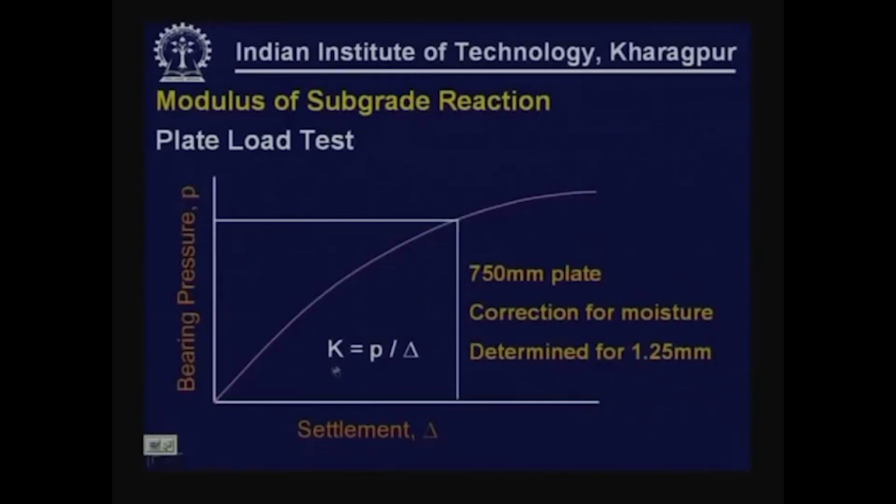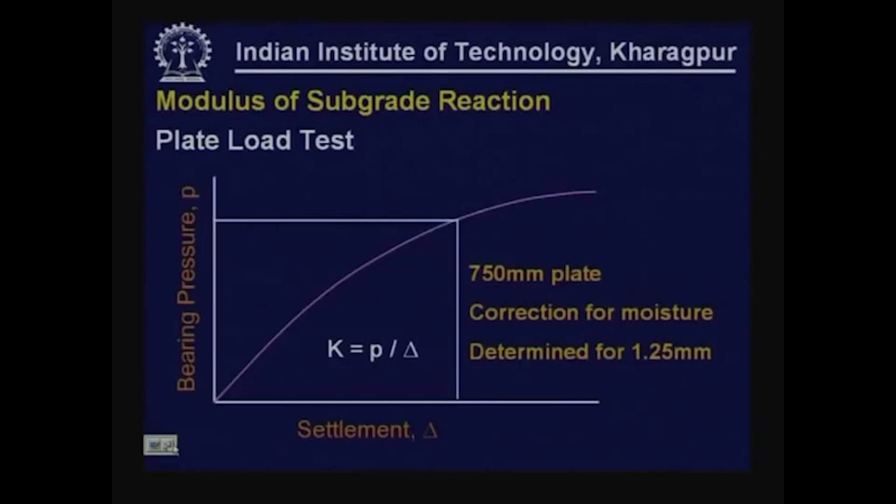The ratio of pressure to settlement corresponding to 1.25 millimeter deflection gives the modulus of subgrade reaction. What is to be noted is that the test has to be conducted using a 750 millimeter dia plate.